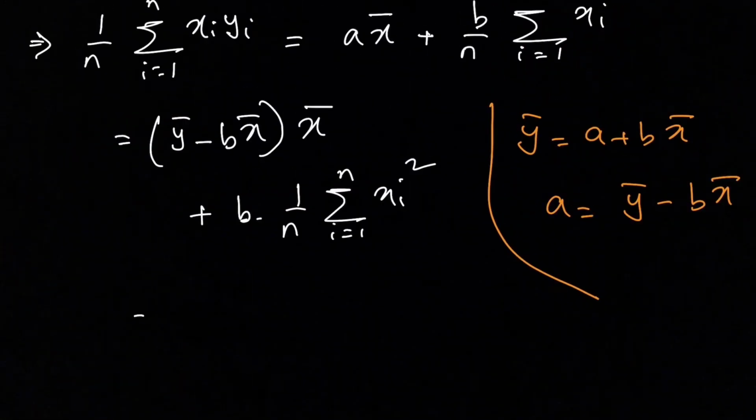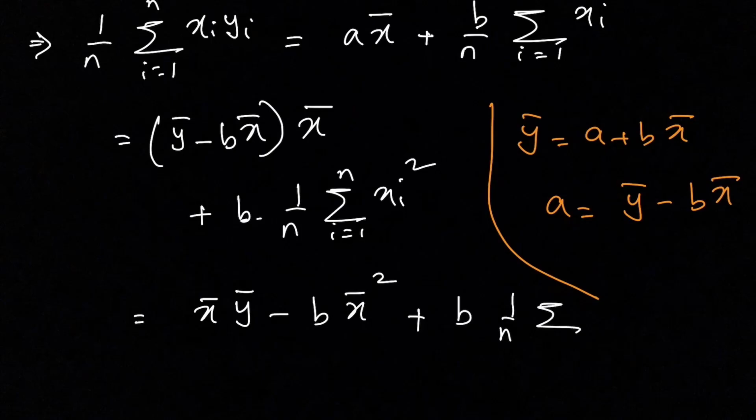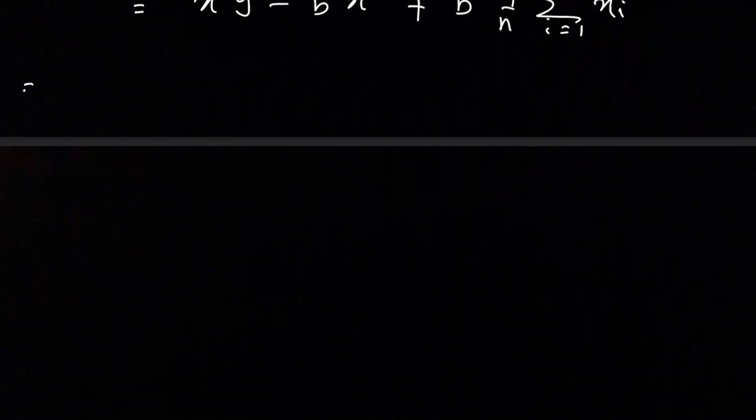So x bar y bar minus b times x bar squared plus b times 1 by n summation i equals 1 to n xi squared. So it becomes 1 by n summation i equals 1 to n xi yi.